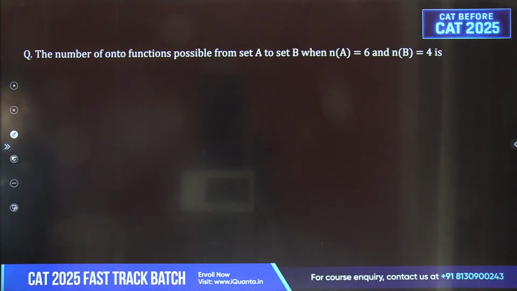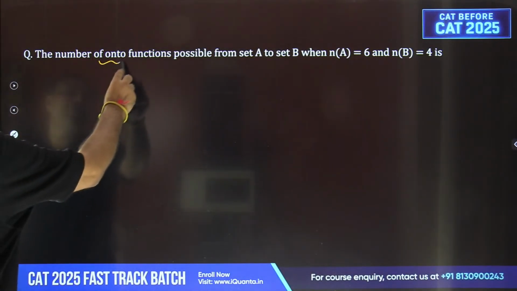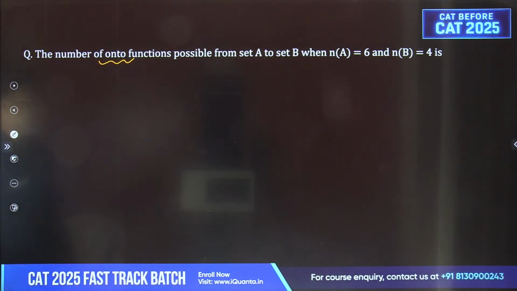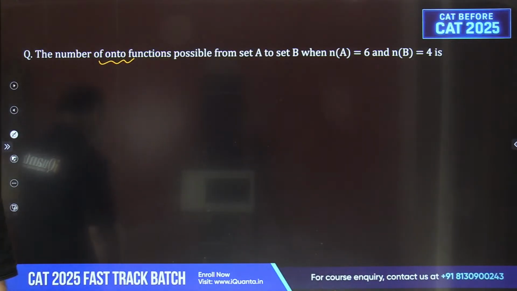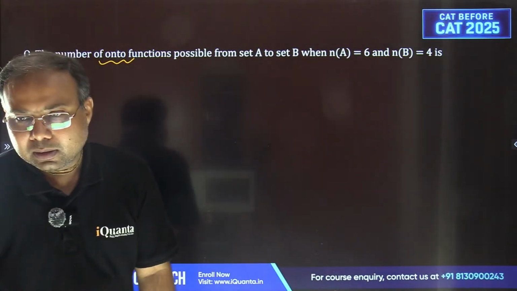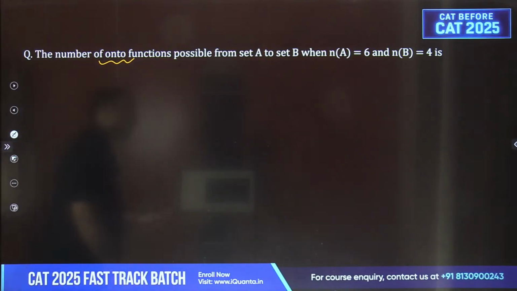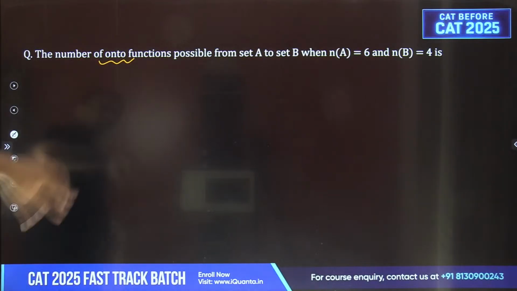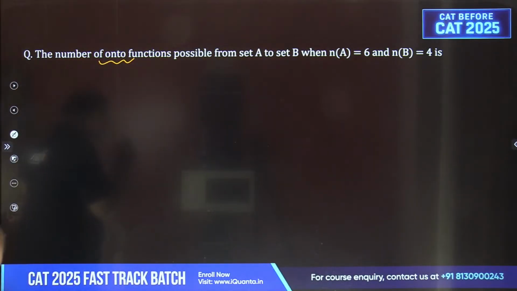Yes, now this time it is asking about onto function. See, can you answer this? By the way, let me see if you can answer this, or can you tell me what is the meaning of onto function so that everyone can understand and then try to find the answer.